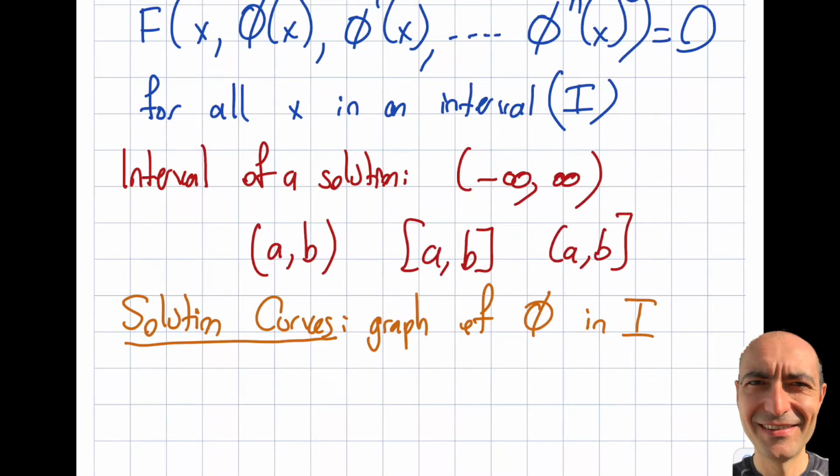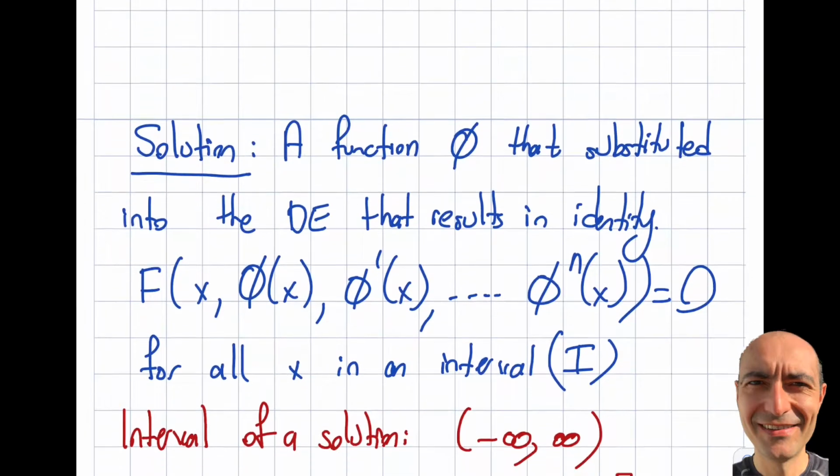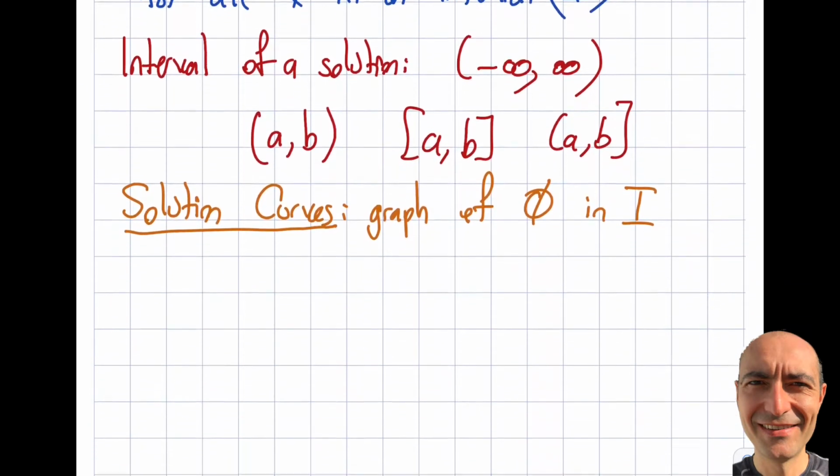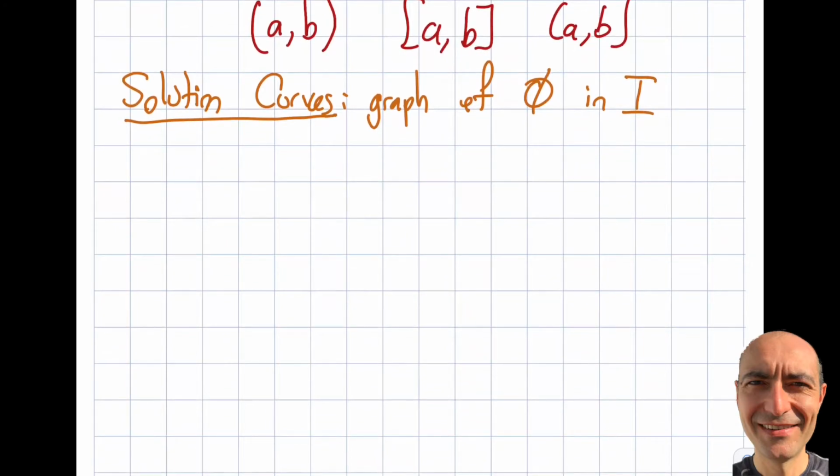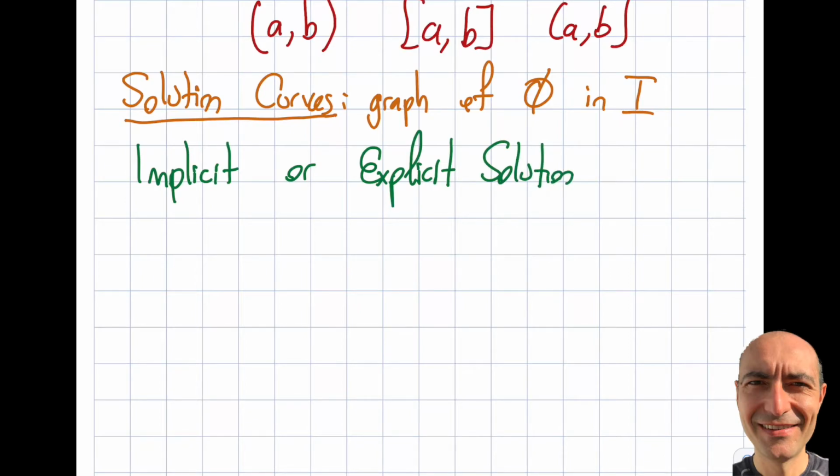Okay, now in addition, the solution has a lot of stuff to talk about. I can have an implicit solution, or I can have an explicit solution. I kind of prefer the explicit solution.